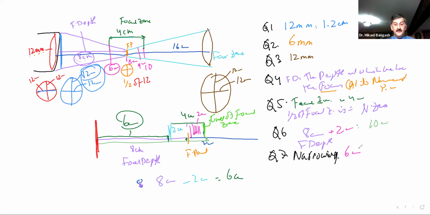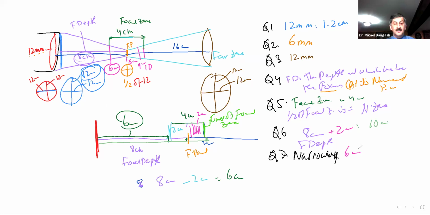Now, if I just switch the wording a little bit and say, at which point is the beam at its narrowest? And you still had the same options. What would have been your answer? If I said, at which point or which depth is the beam at its narrowest?